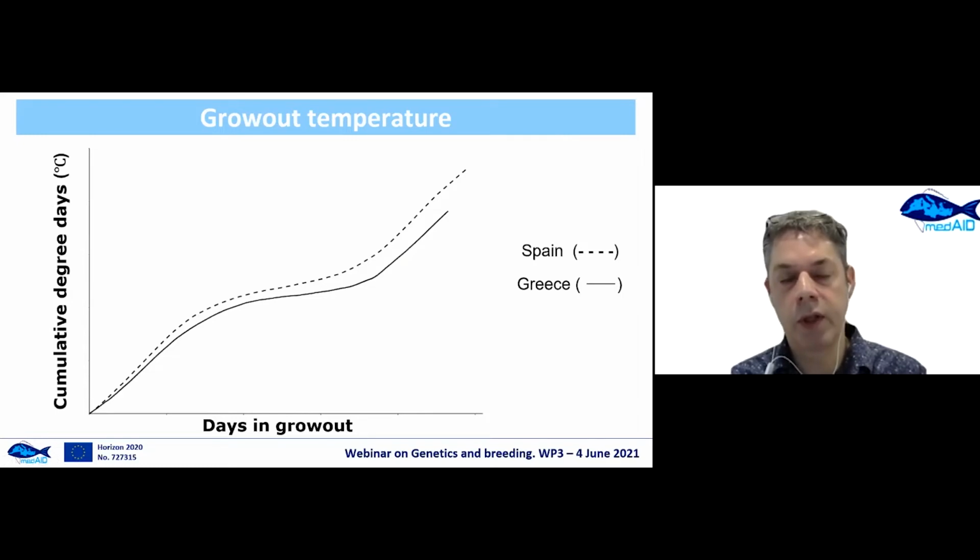So the degree days, the number of days times the average temperature that's accumulated over time. And we see that there is a difference in the pattern, and also, especially if you look at the end of the growing period, around 480 to 500 days, there is vertically quite a distance between Spain and Greece in the number of degree days.